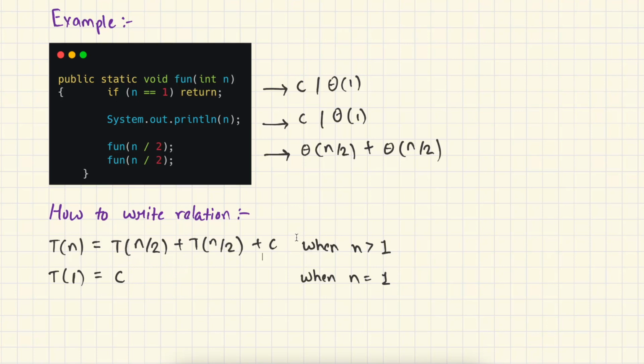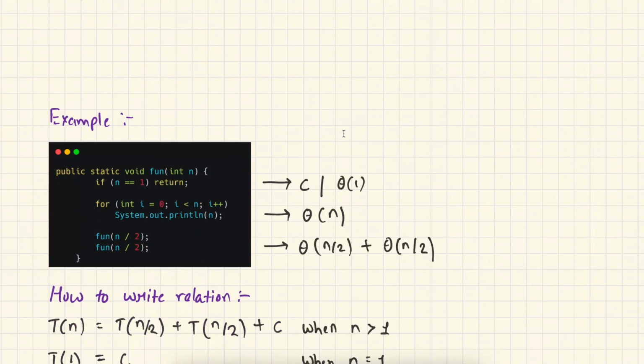And this happens when n is greater than 1, right? And what when n is equal to 1? The amount of time taken by this function is going to be constant, because when n becomes 1, we are just returning, and it is a constant operation. Great. Now let's move on to the next example.